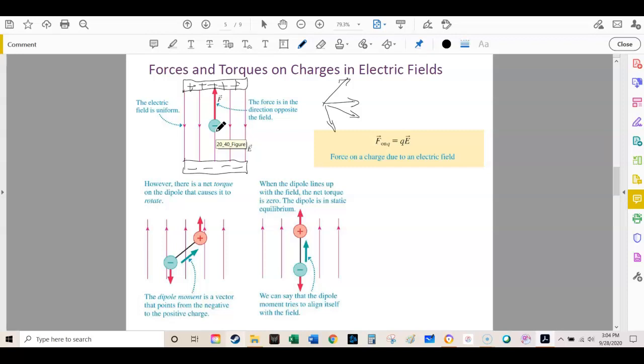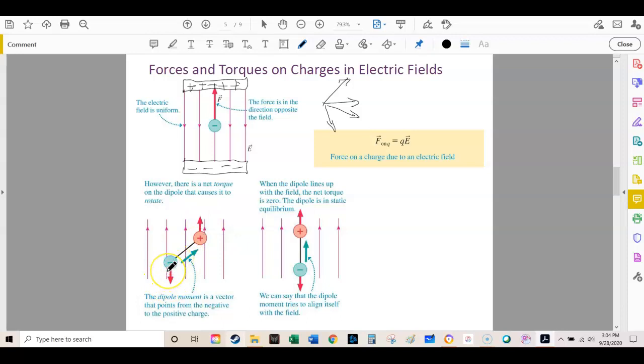All right. The cool thing too is if you have an electric dipole, the dipole will actually begin to spin and twist and rotate, right? Because the positive part is trying to move in the direction of the electric field, and the negative part is trying to move in the opposite direction.